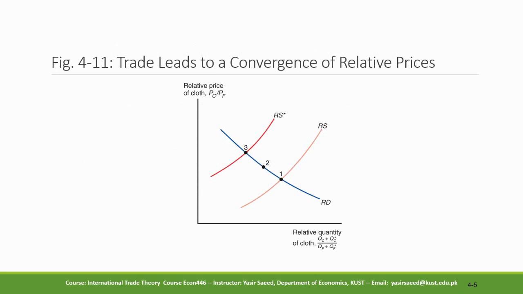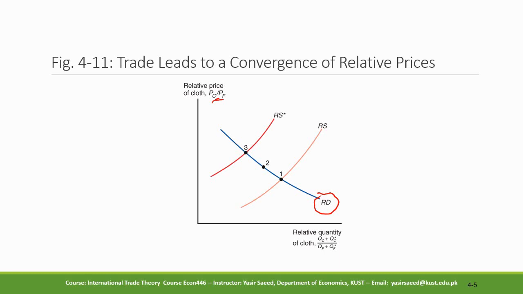We can explore this relationship graphically as well. If you look at the blue curve, which is RD, RD shows the relative demand for cloth to food. The x-axis is the relative quantity of cloth to food and the y-axis is the relative price of cloth to food, represented as PC by PF.